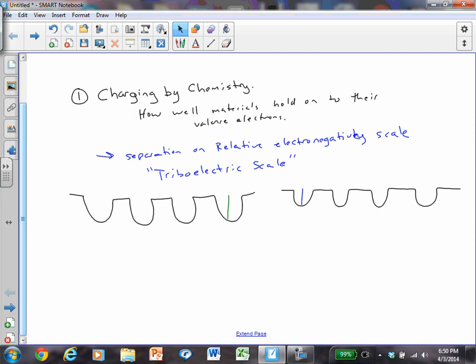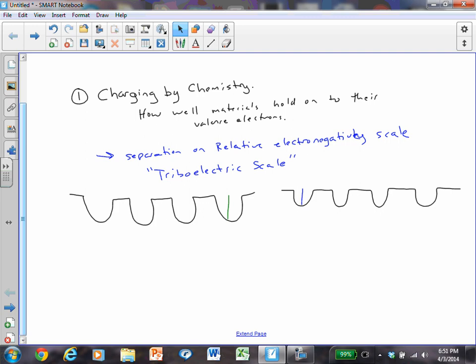And a lot of times this used to be called charging by friction, because you have to put them in contact and move them around to get them. But it's not friction that's charging the thing, but they call it that. When you put them in contact and move them around on each other, some electrons will transfer over to the other more electronegative object.